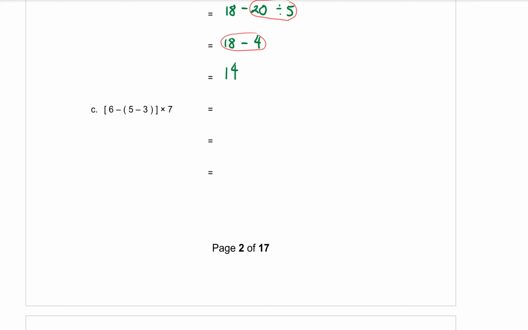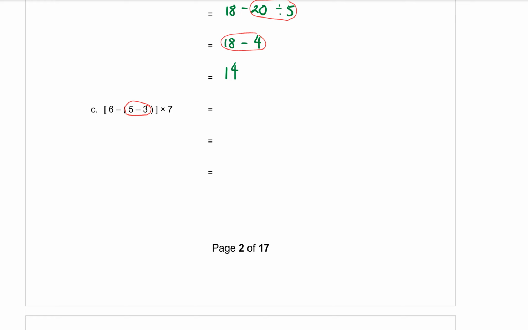So let's circle the inside brackets, the 5 minus 3. Yeah, up the back. Why are there colored brackets? It's just so that you can easily see the difference between the 2 types, so you know which bracket. So the square ones belong together and the round ones belong together. Sometimes you will see 2 sets of round brackets, but this is just another way of doing it so it's less confusing. 2 different types.